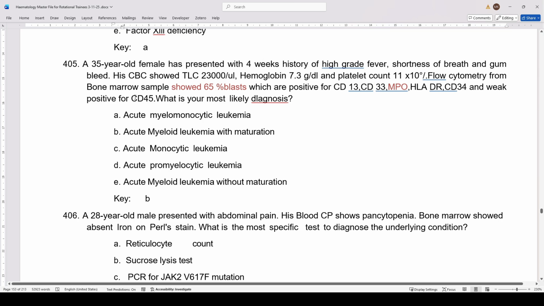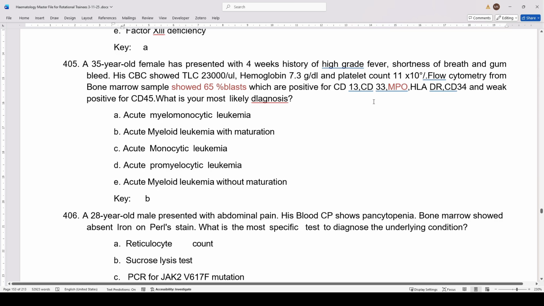Flow cytometry from a bone marrow sample shows 65% blasts, which are positive for CD13, 33, MPO, HLA-DR, CD34. By now you should know that these are all myeloid markers. CD34 is a marker for blasts or immature cells, and MPO is positive.